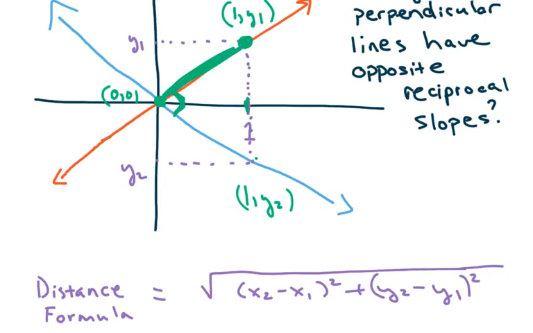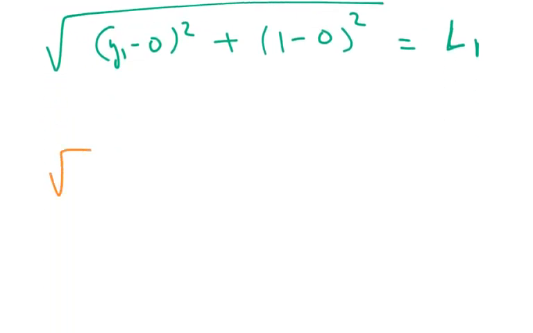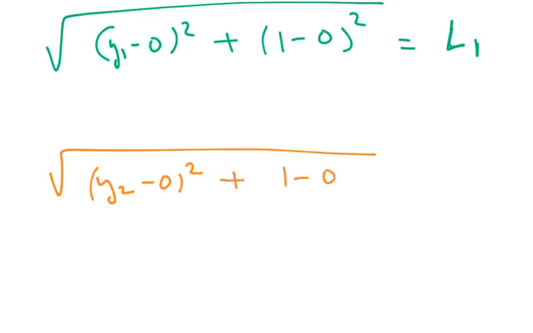I'm going to do the same thing, let me do it in a different color here, for this line too. So this will be the square root of y2 minus 0 squared plus 1 minus 0 squared, and this will give me line 2, the distance of line 2. If we solve this, the first one is just going to become y1 squared plus 1 squared, which is 1.